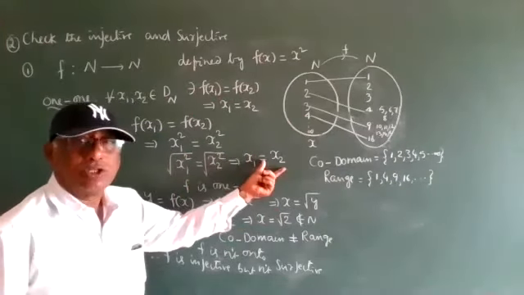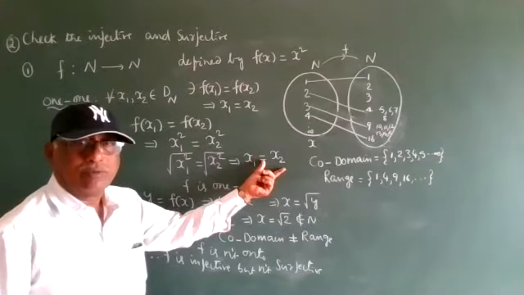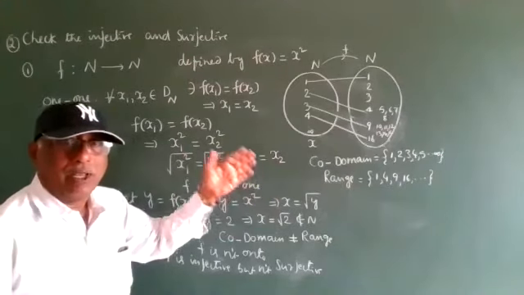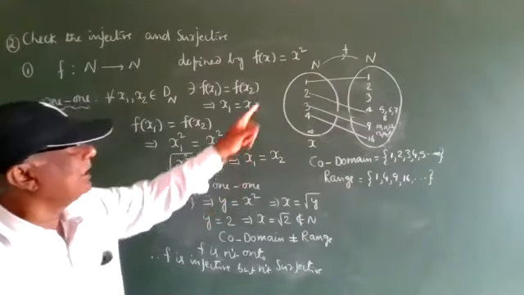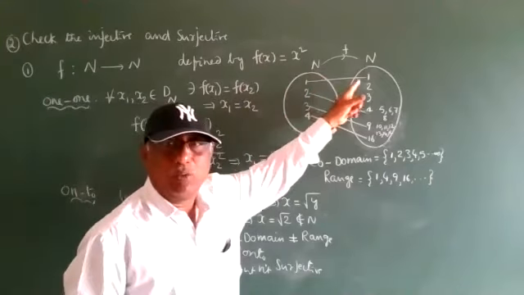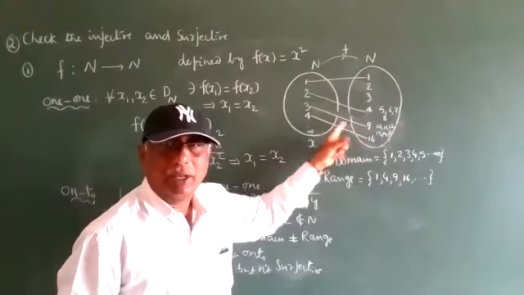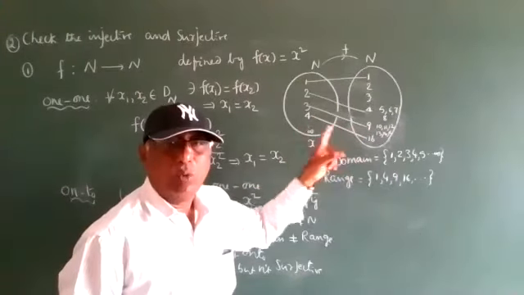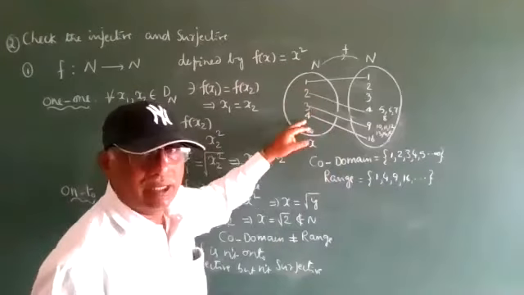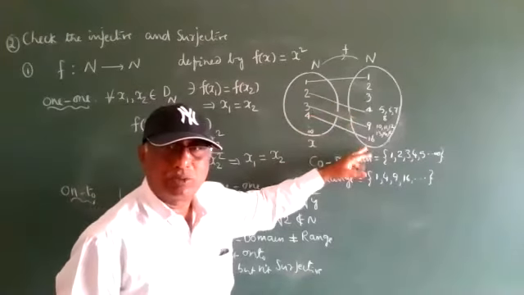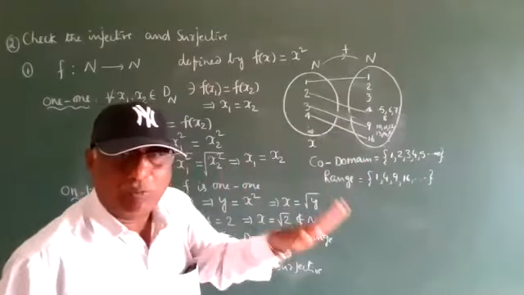Therefore, it is a one-one function. In the figure, 1 has one image, 2 has one image, 3 has one image, 4 has one image. Each element in set A has only one image in set B. Therefore, it is one-one.